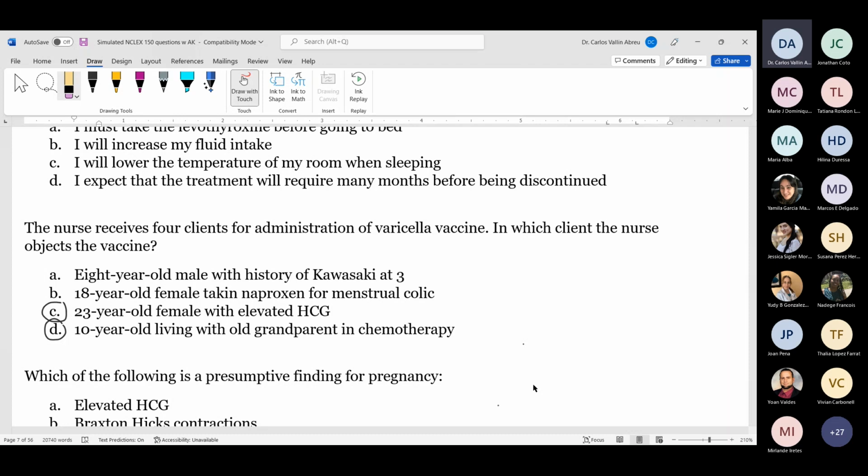We need to wait until those antibodies wear out, which usually happens around 9 to 12 months, to then give these live viruses, because if we give them before, the mother's antibodies are probably going to destroy the virus in the vaccine.